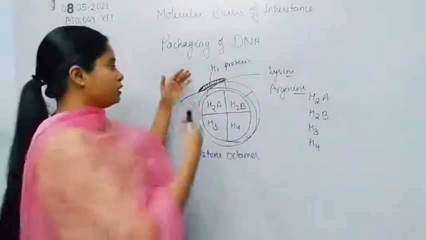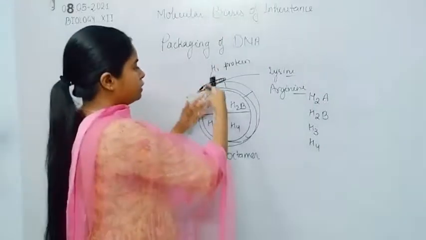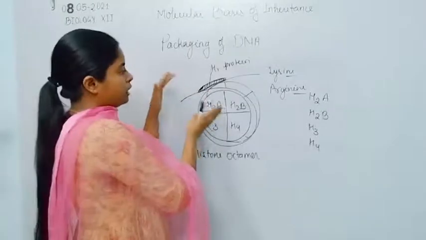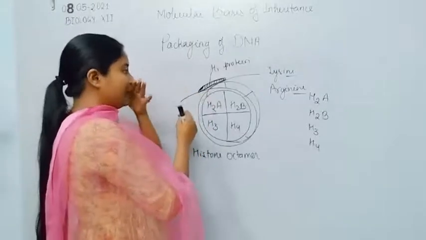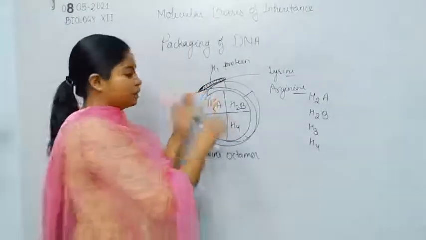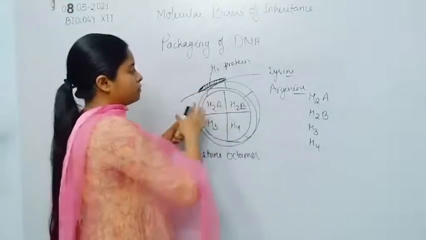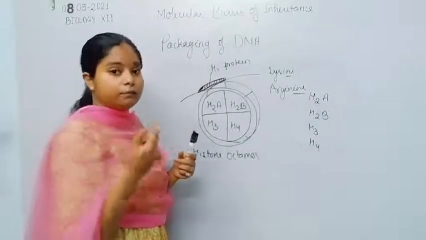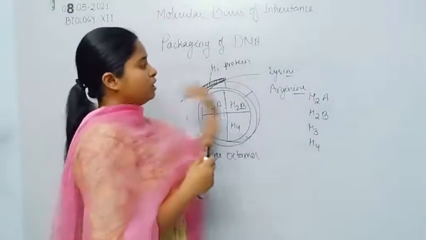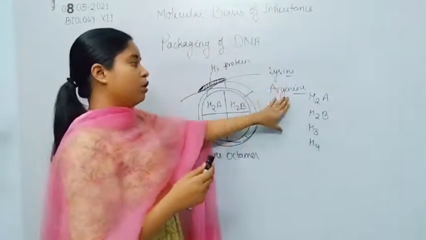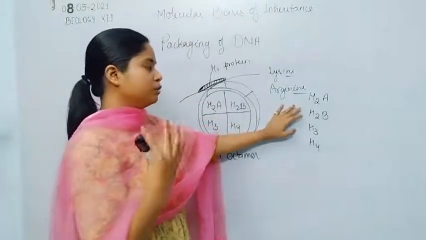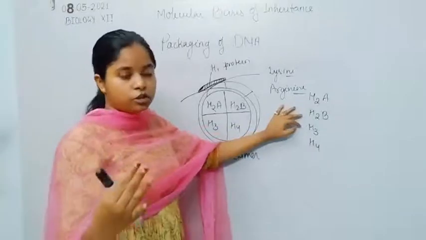So the positive and negative charges create an interaction between the DNA molecule and the histone octamer. That's why the DNA molecule wraps around the histone octamer easily, because of the arginine and lysine, which have the amine group, also said to be the amide group, present in the R chain.